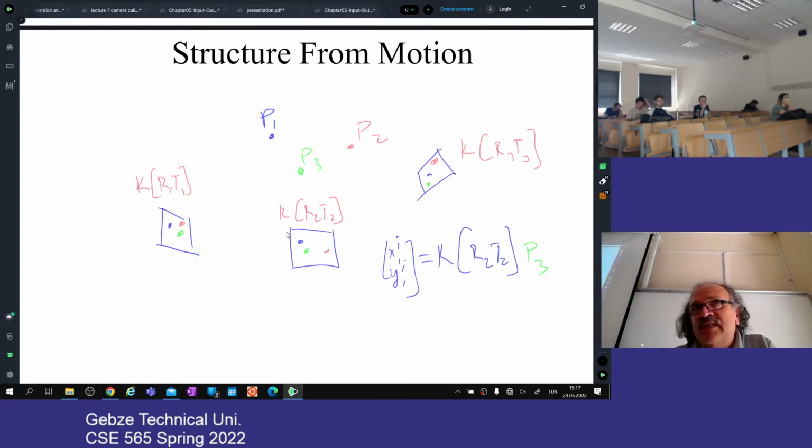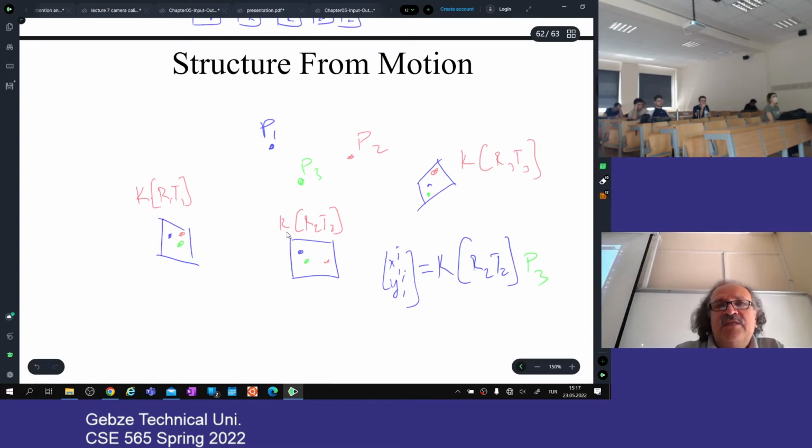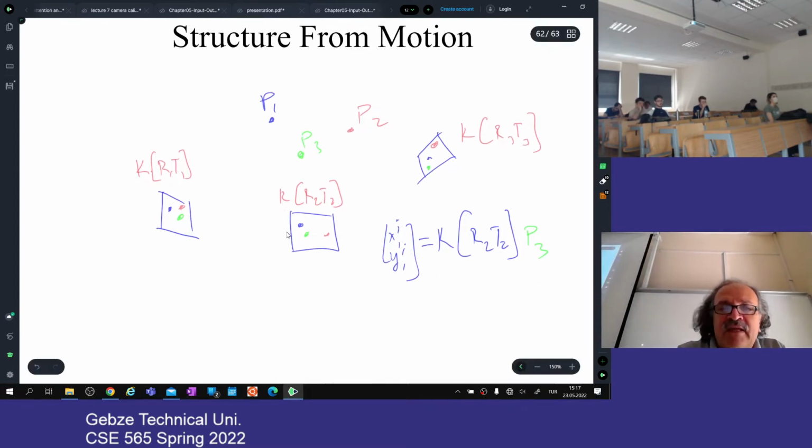And if you do this in a smart way, there is a way to do it, you are going to get your final values for P and T and R. That's called structure from motion. And this thing that we are doing iteratively is called bundle adjustment.